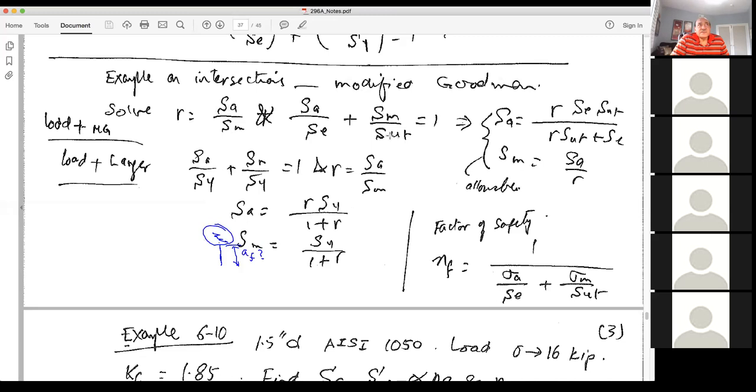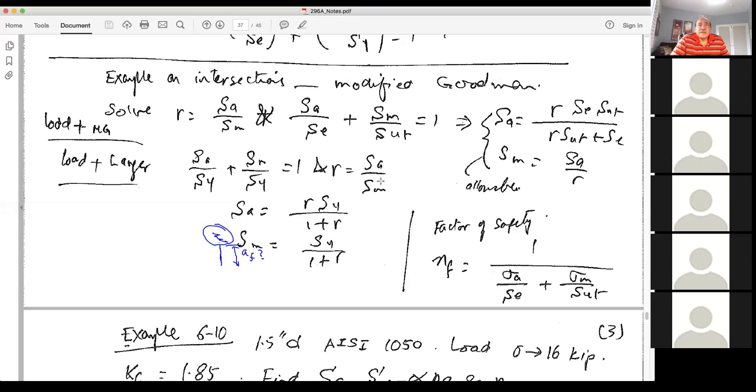We solve for these two together by eliminating one of the variables and putting it here. The solution gives us the intersection point, and this intersection point is the allowable alternating and the allowable mean right here.